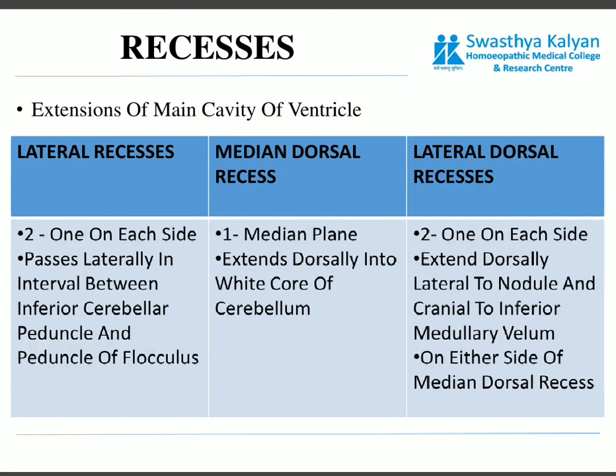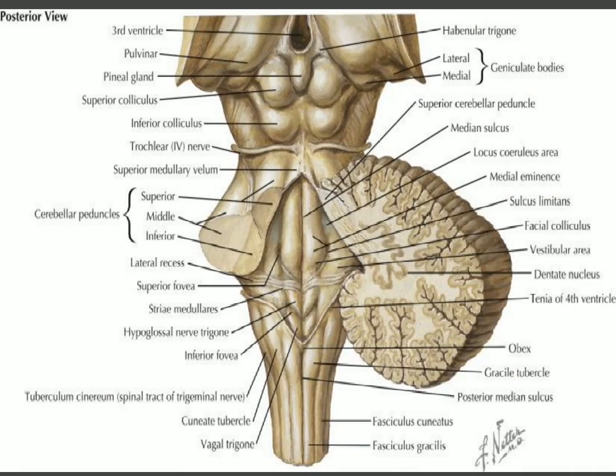There are certain recesses related with the fourth ventricle. Recesses are empty spaces, and these spaces are extensions of the main cavity of the ventricle. So this is the main cavity, and this main cavity has extensions which are referred to as the recesses.